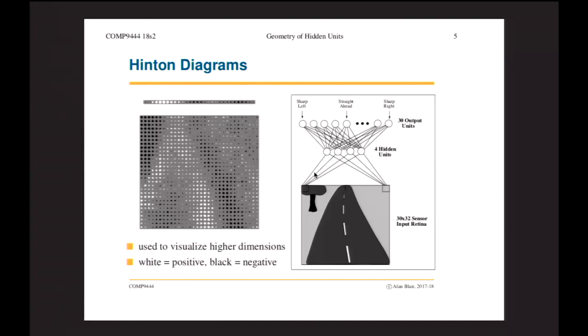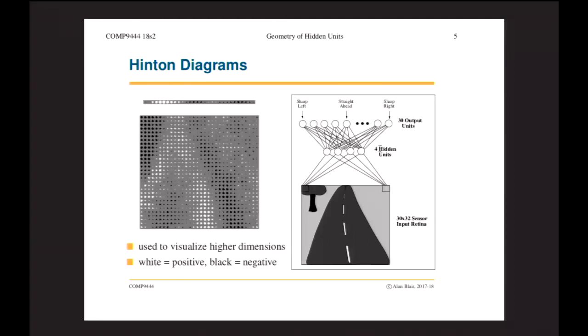Each point in this diagram represents a weight. We've picked a particular hidden node here, and this part of the diagram represents all the weights from all the inputs to that particular hidden node, and this represents all the weights from that particular hidden node to all the outputs.